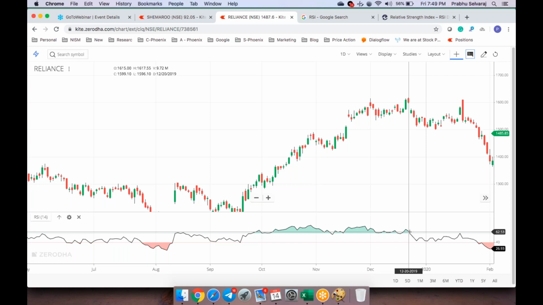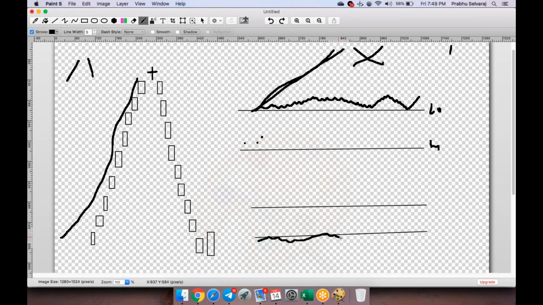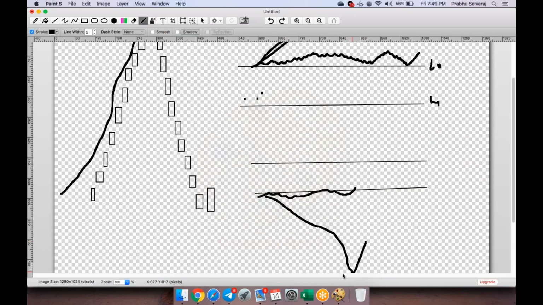Do I need to wait till 60? The answer is no. It is a similar concept to what you've learned over here. I will not enter when the RSI is traveling here before the 40 crossing, but I will enter here even though it is at 20, because I get this much of an up move.